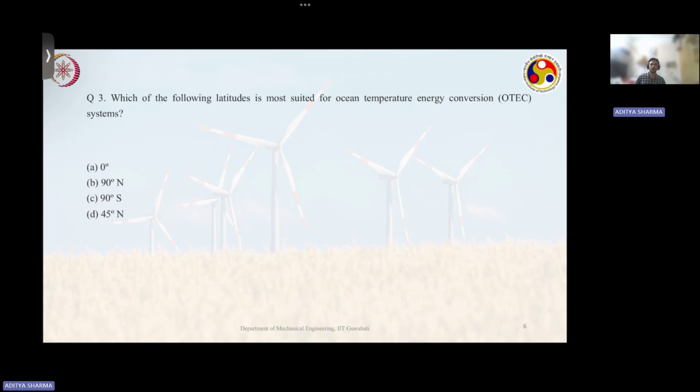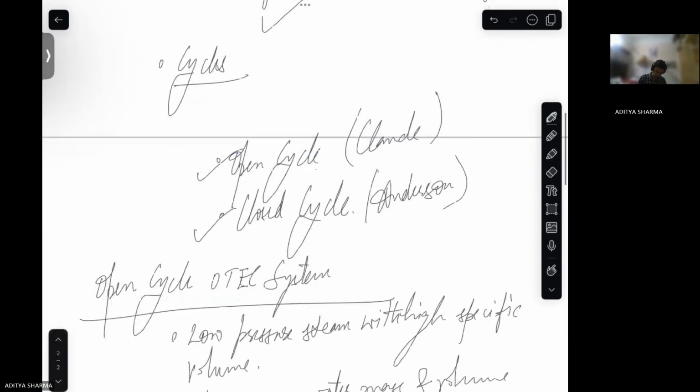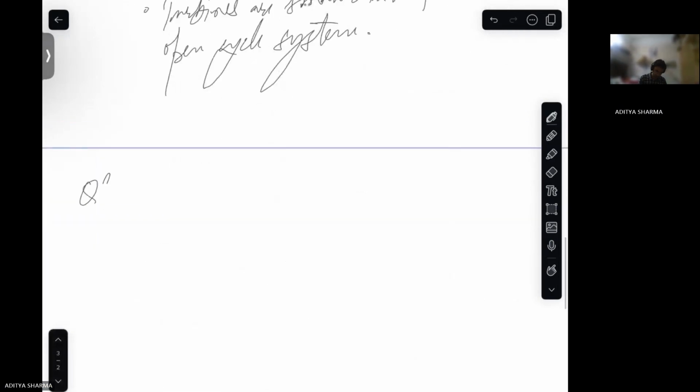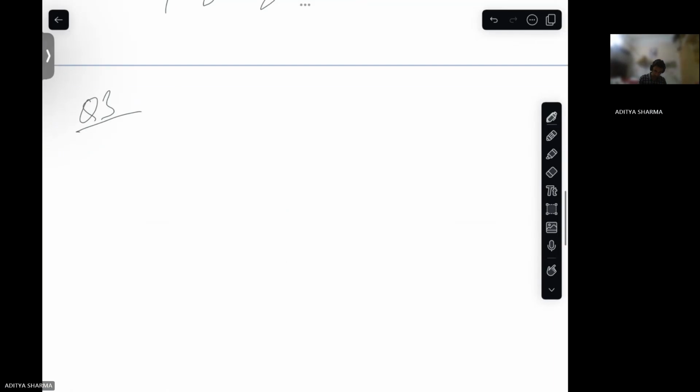If you understand the latitudes and how they are defined, this is not a big deal. So how are the latitudes defined? Let's say this is your Earth, and somewhere here you have your equator.